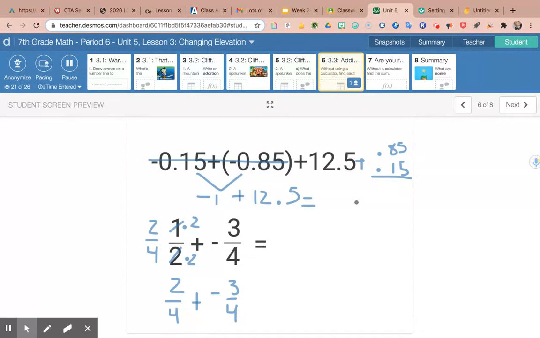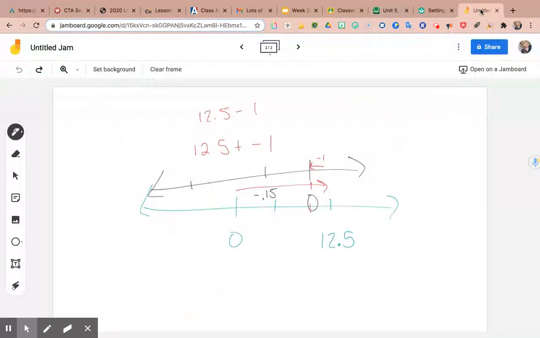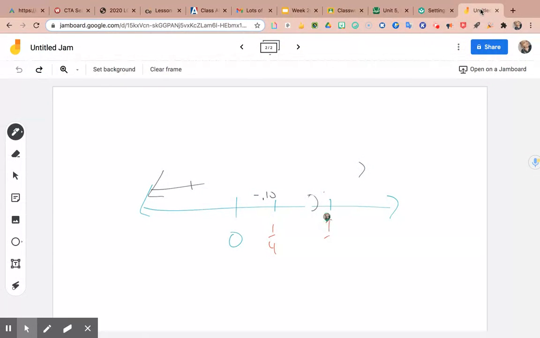All right, and again, these are different signs. So you can think of it however you want, but if I'm going to show you on a number line real quick. Let's say this is 1/4, 2/4, negative 1/4, negative 2/4, 3/4. Okay.